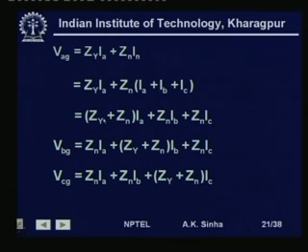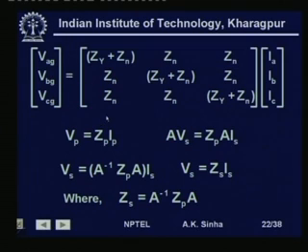In the same way, we can find out the voltages for phase B and C. VBG will be equal to Zn into IA plus Zy plus Zn into IB plus Zn into IC, and VCG will be Zn into IA plus Zn into IB plus Zy plus Zn into IC.